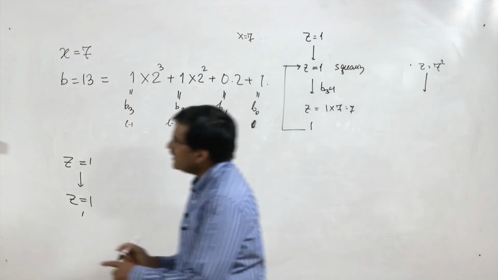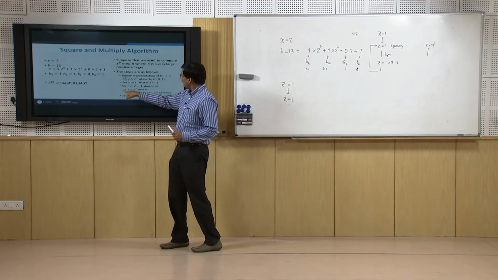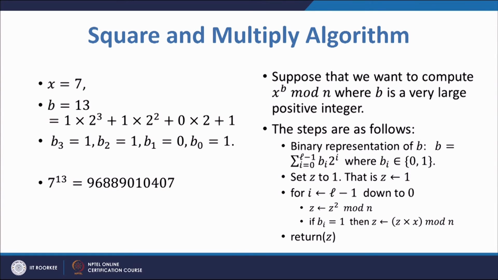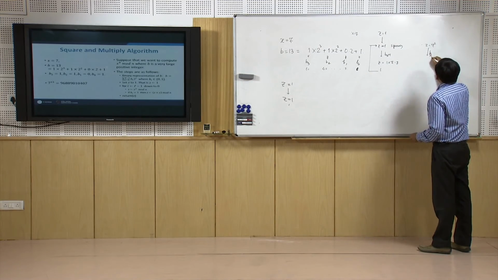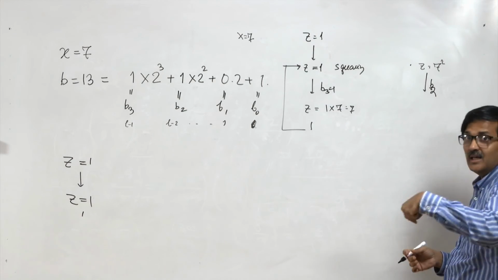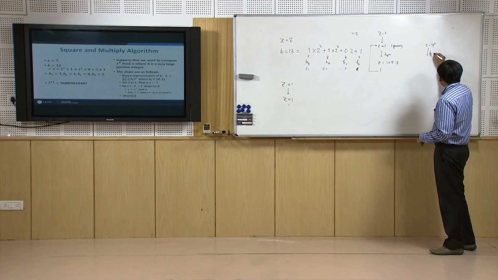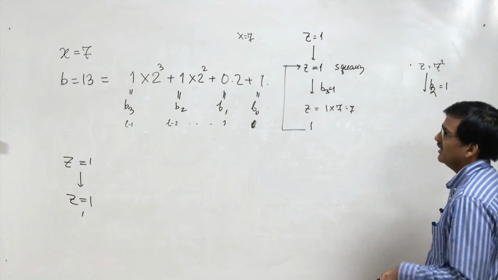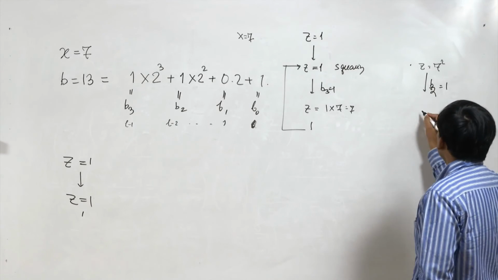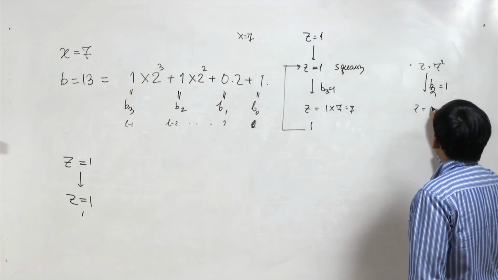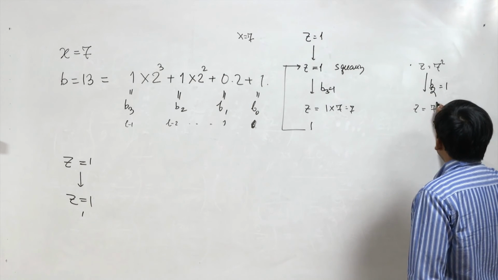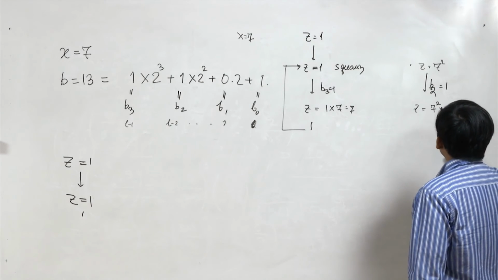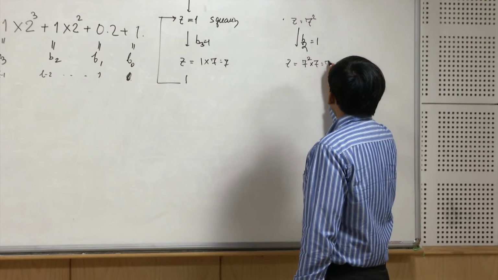So, I am now looping. I has come down one step, so I am asking whether B2 equal to 1 or not. B2 equal to 1. Since it is 1, I go into that if statement. So, z is updated to 7 square into 7, so that is 7 cube.